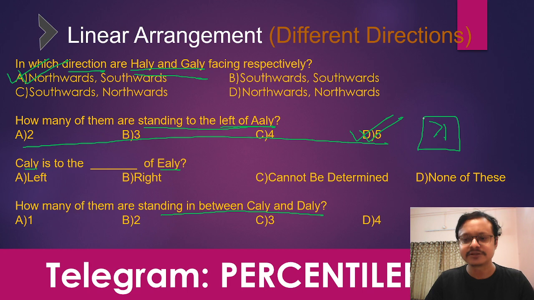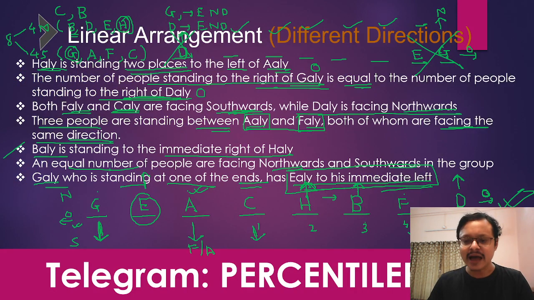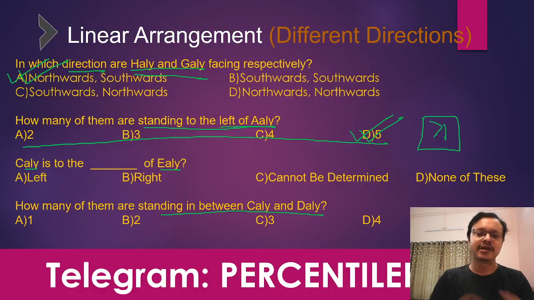Every option is greater than 1, which automatically means Ali cannot be at this position, because if Ali is at this position, you'd have had only one person to the left. So you could have used the question options to narrow down to the scenario where it had to be Ali here and Fally in this position. So always remember, if the clues do not come from the set, make sure that you're using the question options to your advantage.